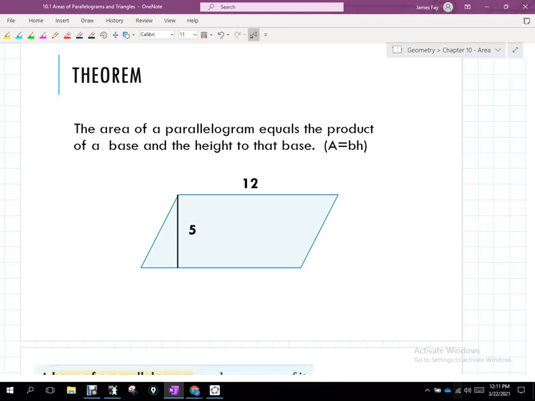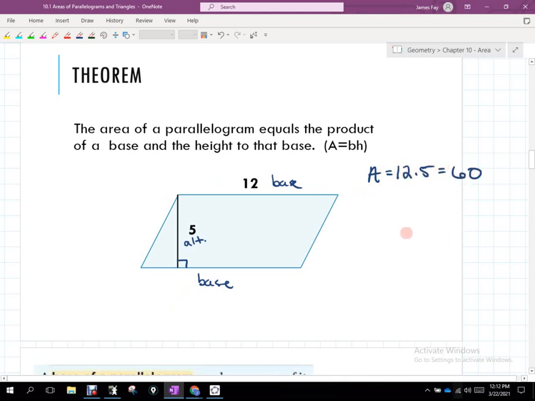So here, in this picture, the 5 would be your altitude. 12 is a base, and this is also a base down here. Is that okay with everybody? So if I'm trying to find my area, it's B times H. It's 12 times 5. It'd be 60.